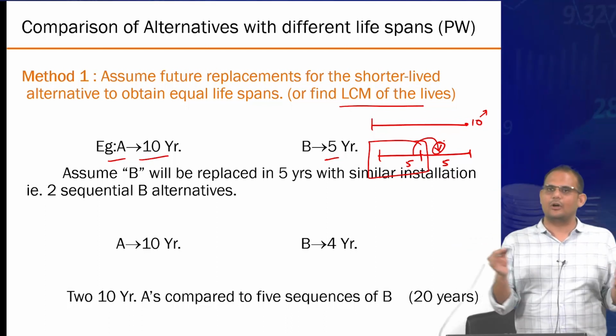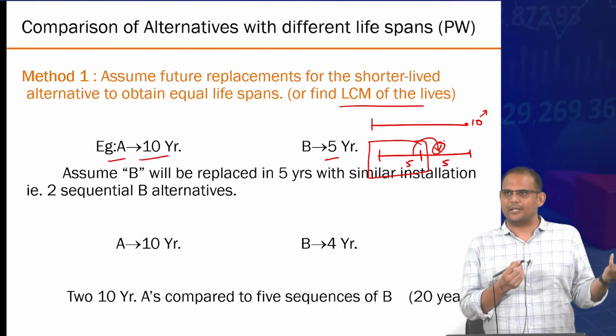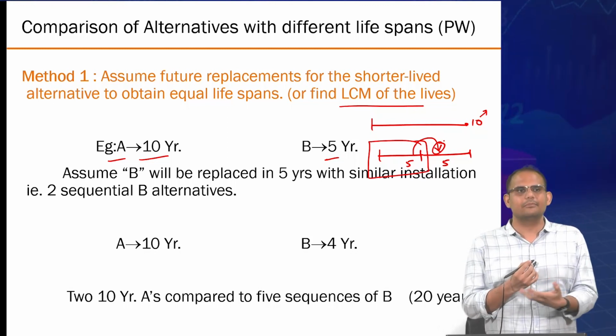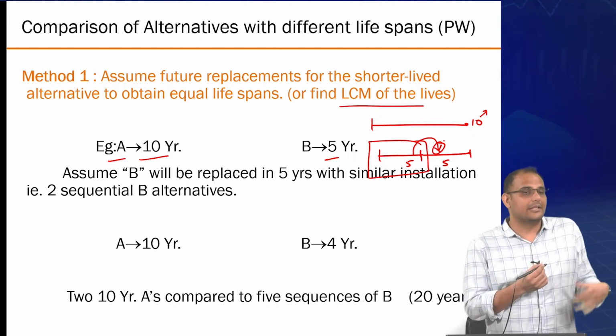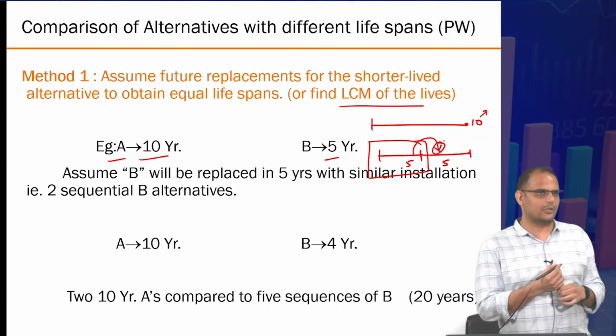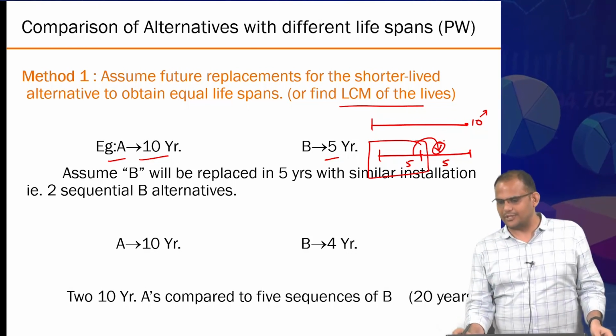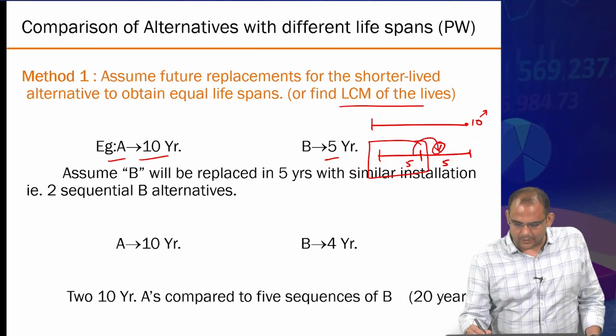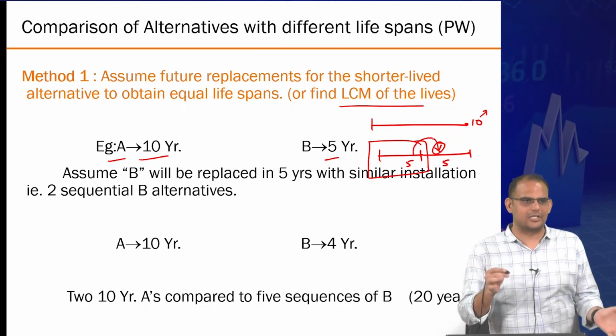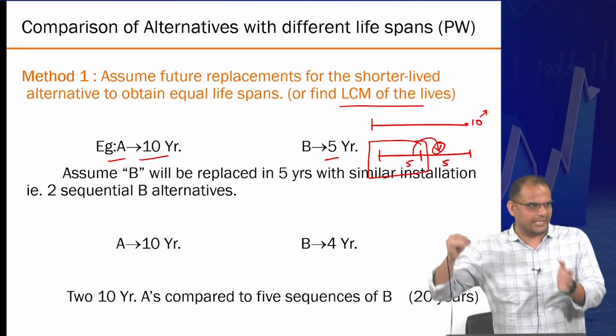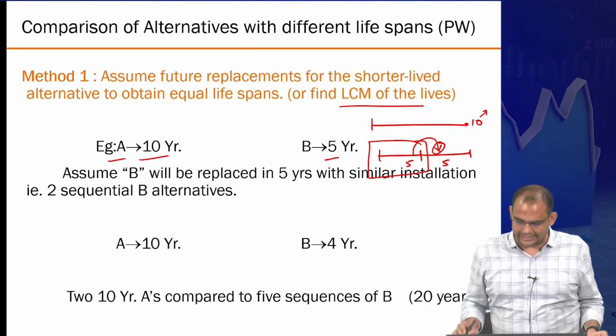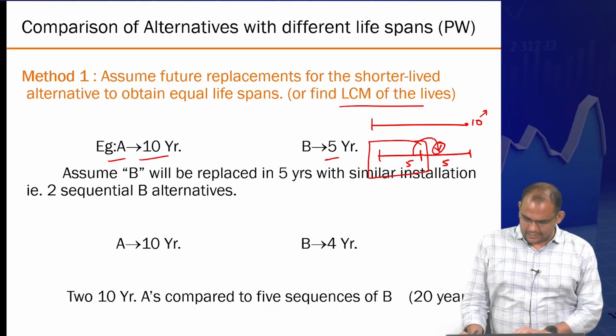If you are dealing with long time horizons, you cannot expect the cost of the technology to remain the same in 5 years compared to now. Their performance might even go down. That's also another problem. But the assumption is that you are able to get exactly the same cash flow 5 years later or 10 years later for the shorter-life alternative, right?